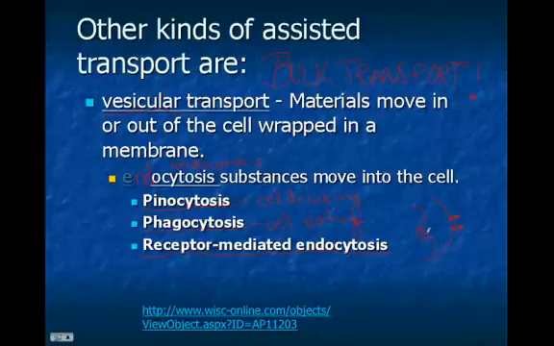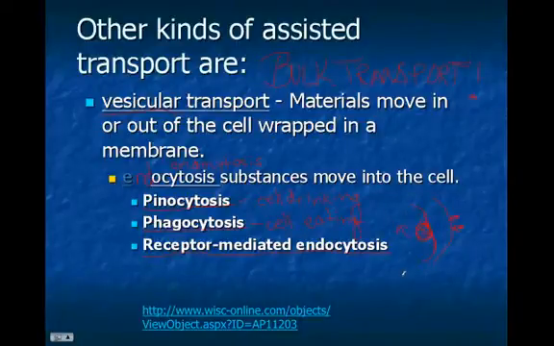And you can see a better picture of this in your book. Then eventually it will pinch off those receptors into this little vesicle. Basically it'll grow these little pseudopods out, like this, and eventually pinch off those molecules and allow them to move into the cell.